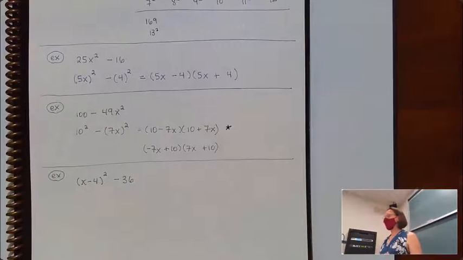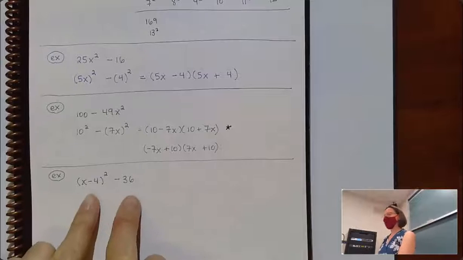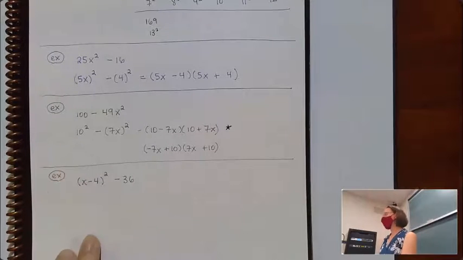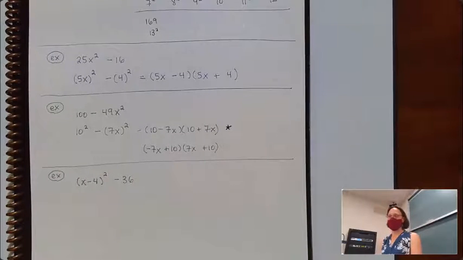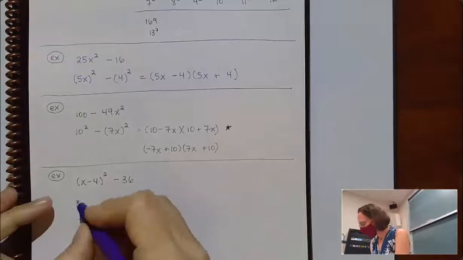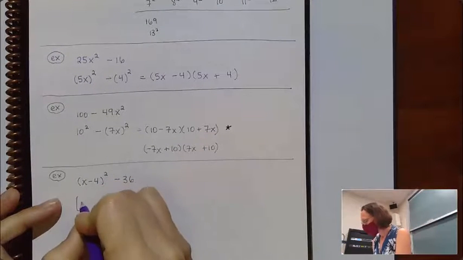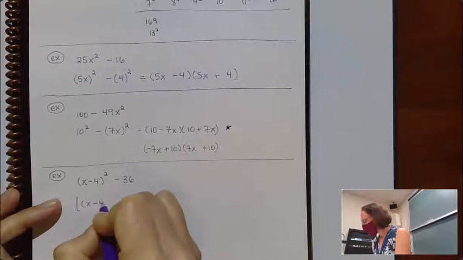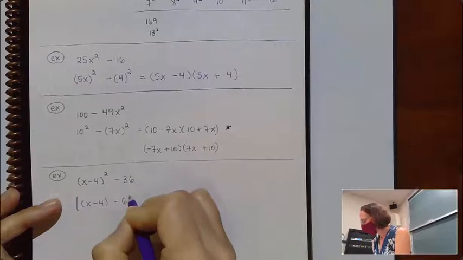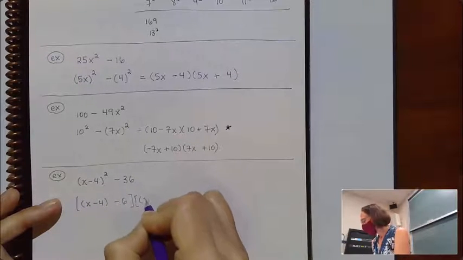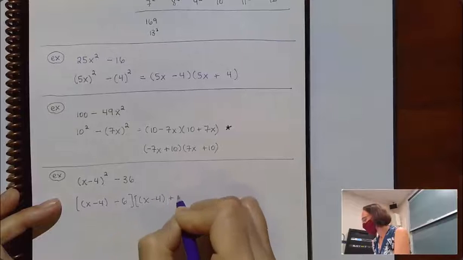But we don't have to, because this is already in that form of something squared minus something squared. So I can jump straight to our formula or shortcut here. So I'm going to have x minus 4 minus 6 times x minus 4 plus 6.